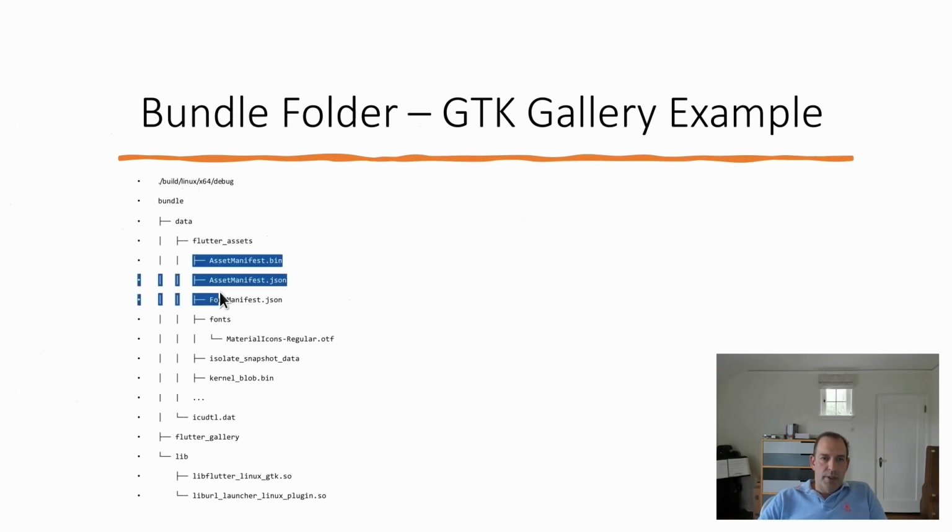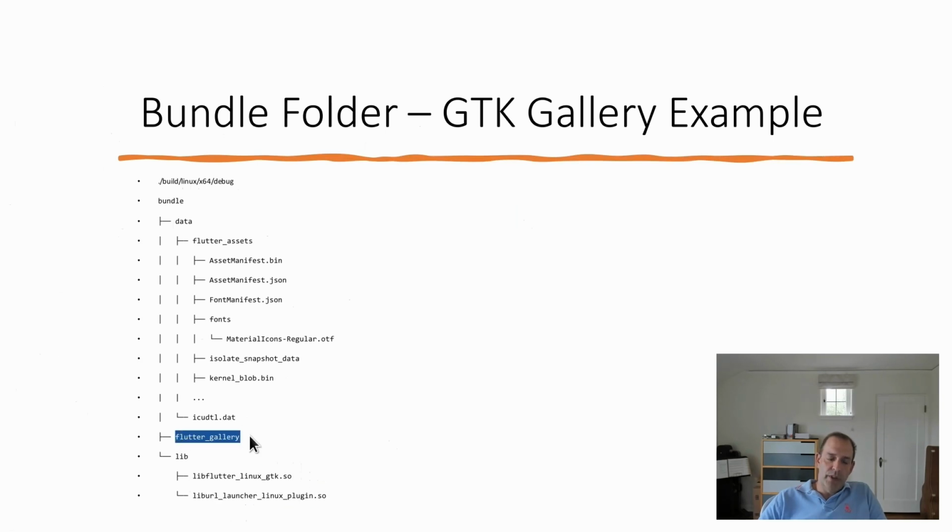And so all these items here, I left out all the other details for brevity's sake. And then there's an icudtl.dat, and the executable itself, flutter_gallery, and then lib. So for flutter_gallery, if you do an ldd on that, you'll see the RPATH of the libflutter_linux_gtk as well as the liburl_launcher_linux_plugin.